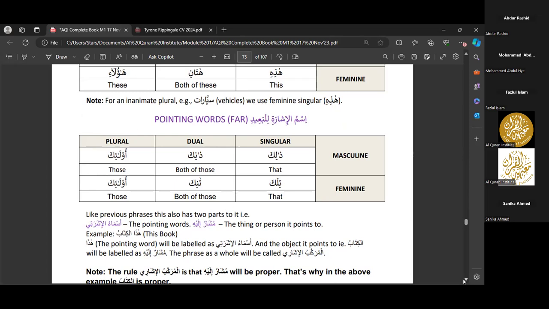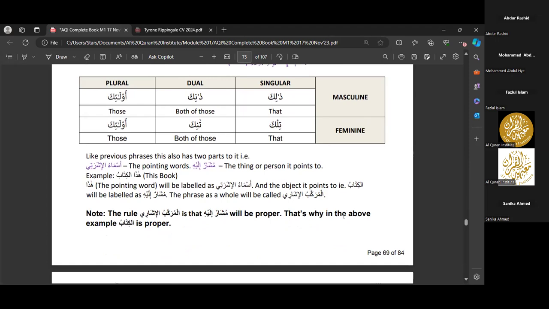The thing that is pointing: in the example here, we have هذا الكتاب. هذا is the word that is doing the pointing, so this is ismu ishara. Al-kitab, the thing that is being pointed to, is in Dhamma status, and it's proper. Al-kitab is the musharun ilay.